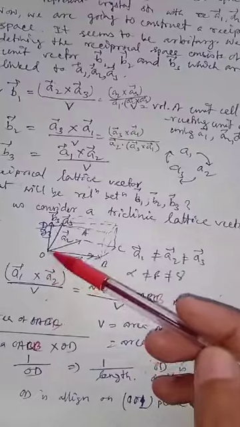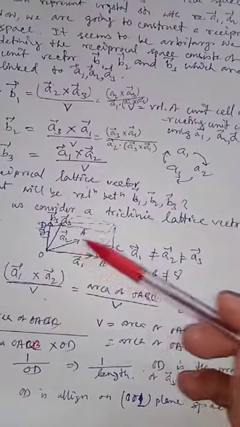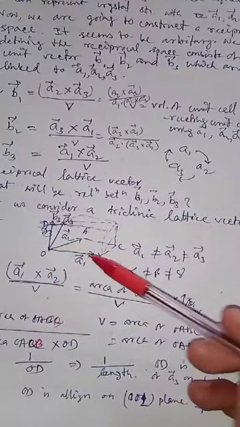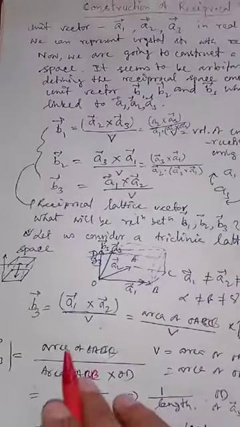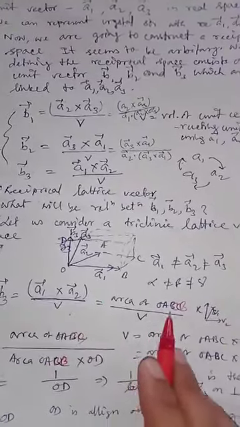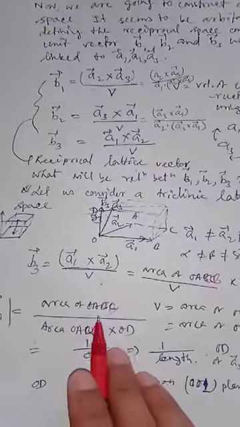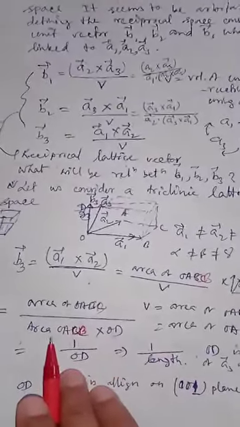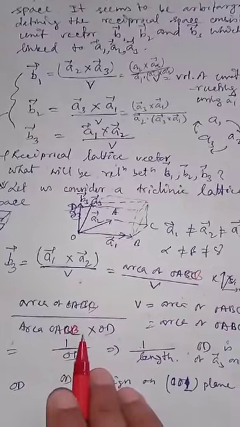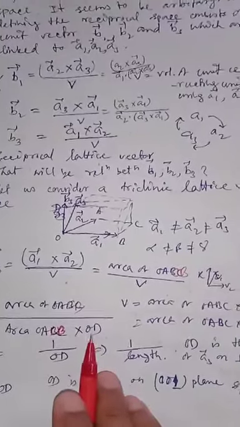So what will happen? The projection of B3 will be perpendicular to the plane of A1 and A2, so it will be along the A3 direction. Okay, the direction will be A3. Now B3 will be the area of OACB by volume. If I take the magnitude only, then it is the area of OACB by volume, that means area of OACB into OD.